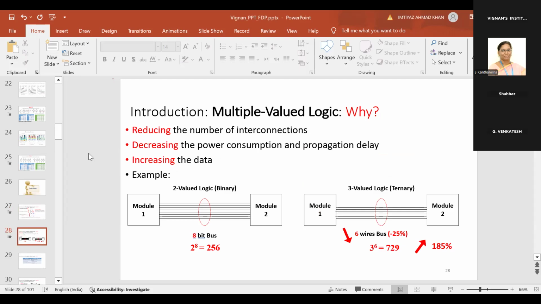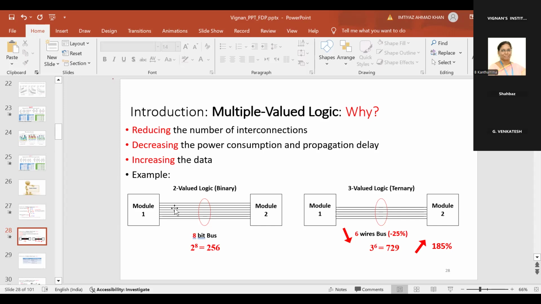Reducing the number of interconnections decreases the power consumption and propagation delay, and increases the data. Just like 2 to the power 8 is equal to 256.